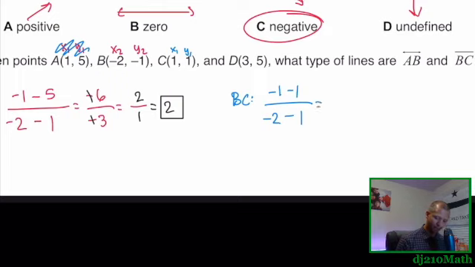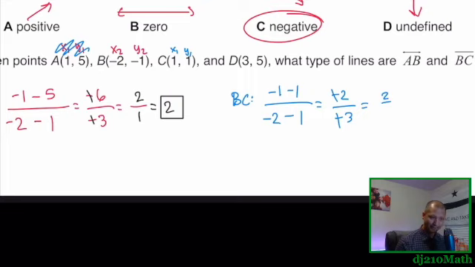Okay, we have -1 minus 1, which is -2, over -2 minus 1. This is going to be -3. All right, the negatives cancel, and we're left with 2/3.